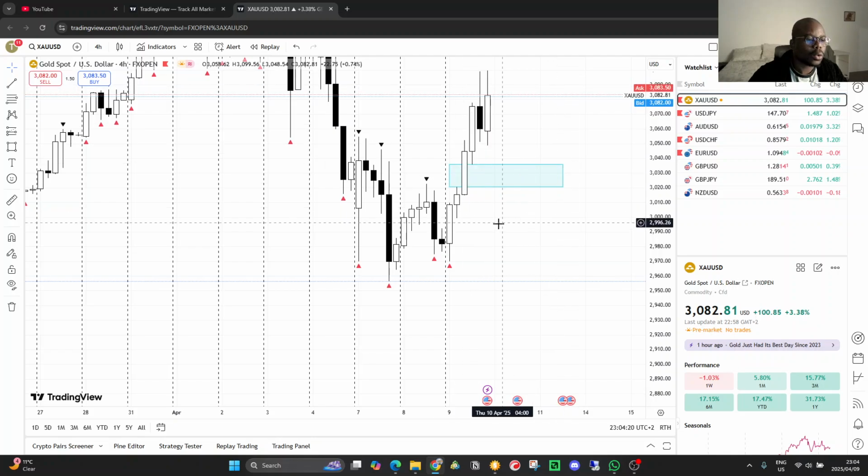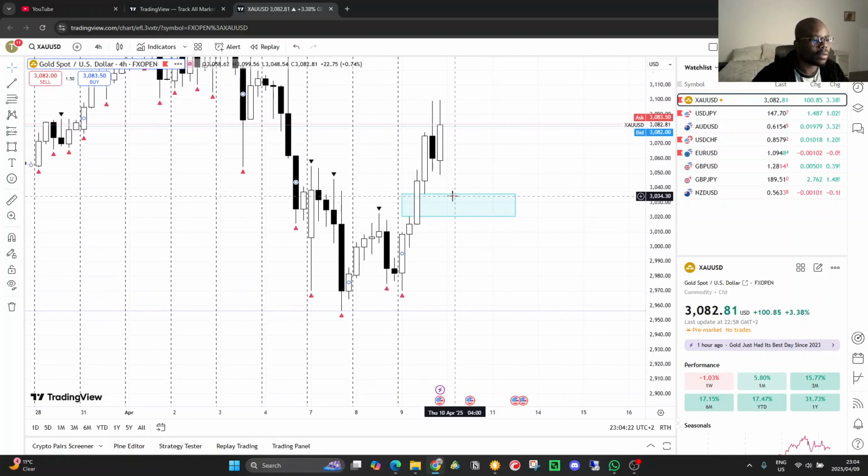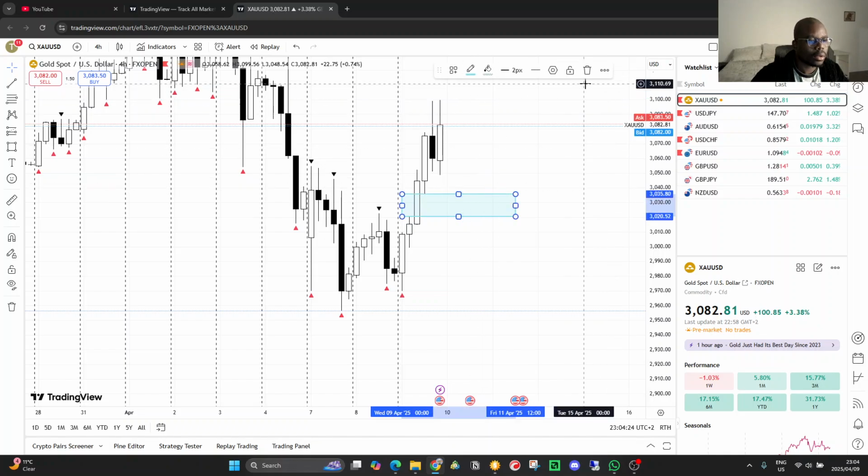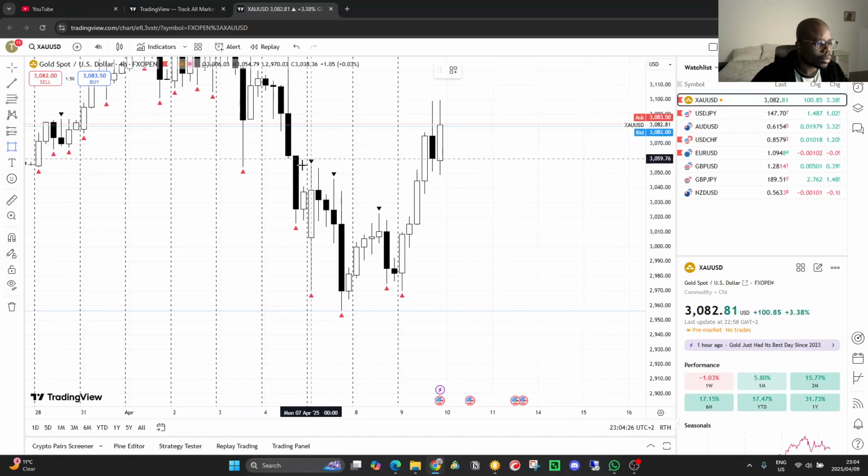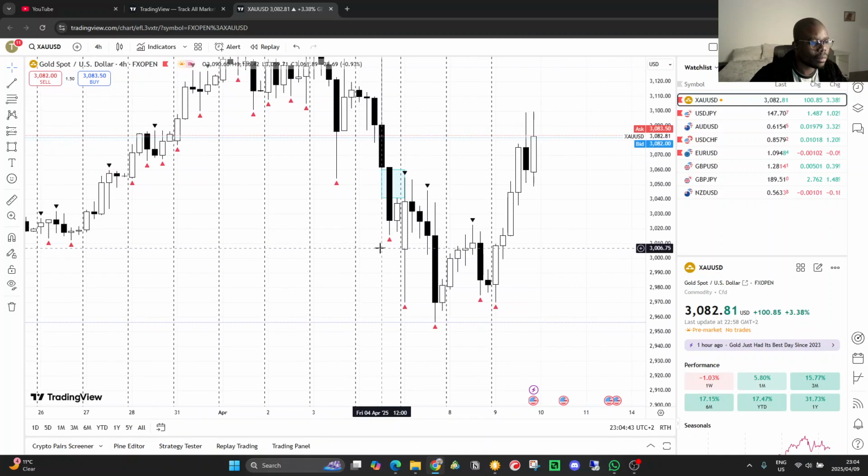So let me give you another example of a fair value gap. If you take a look right there, from the bottom of that week to the top of that week, this is a point in time where they were just delivering selling opportunities to the market.